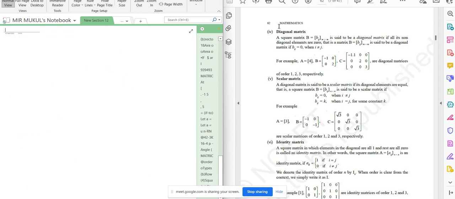Now fifth, scalar matrix. A scalar matrix is one type of diagonal matrix. The only condition is that all diagonal elements will be equal.